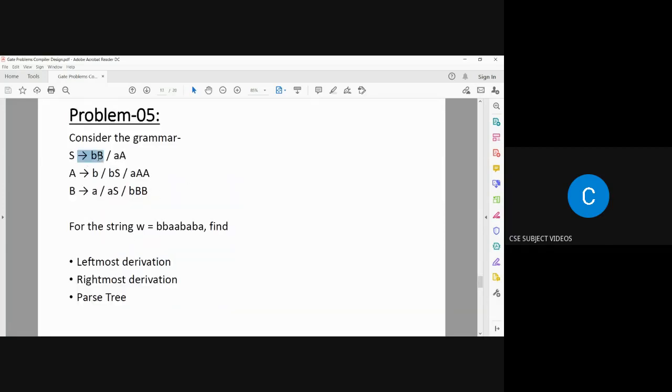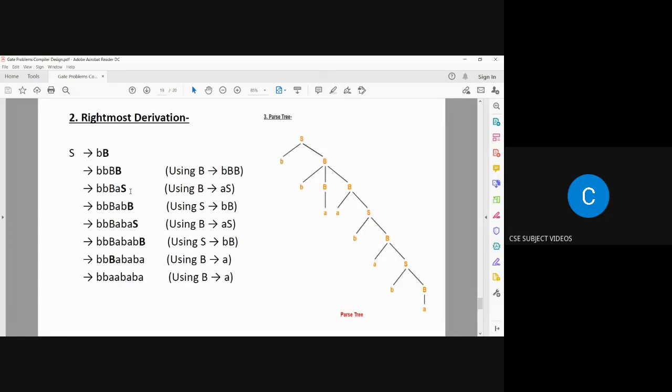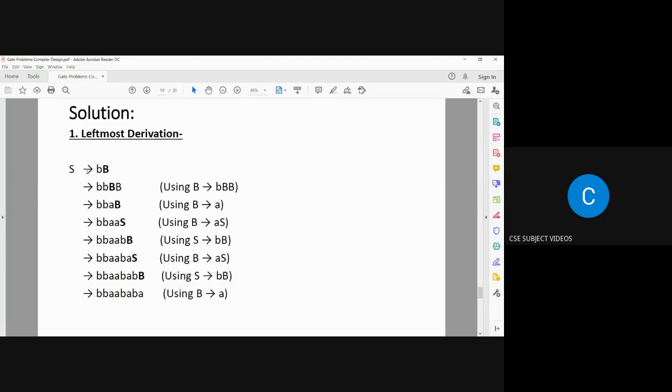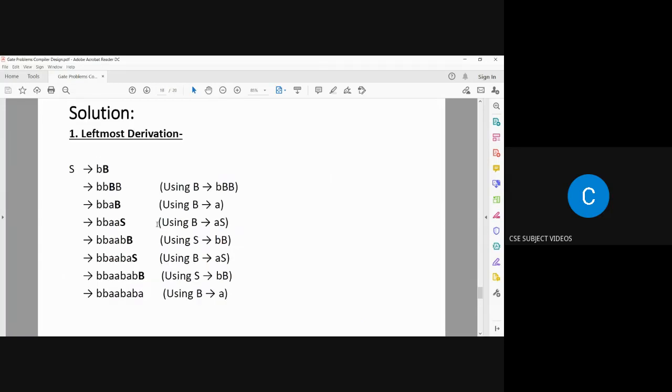S derives BP, so S is replaced by BP. Clear? Okay. Next step: the rightmost non-terminal is S. According to our first production, S derives BP.